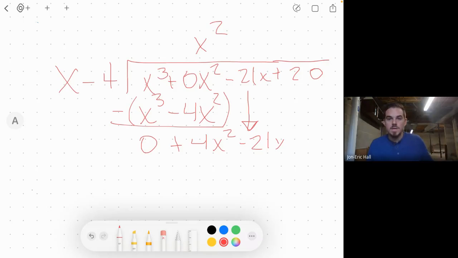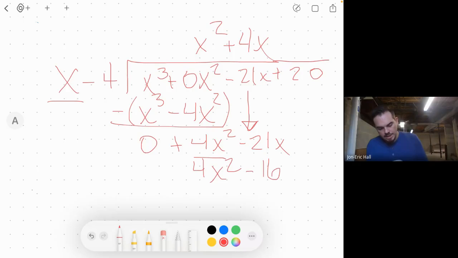And we do the same thing again. How many times does x go into positive 4x squared? That's got to be a 4x. 4x times x is 4x squared. 4x times negative 4 is negative 16x.